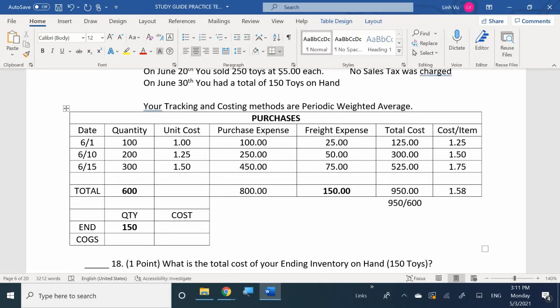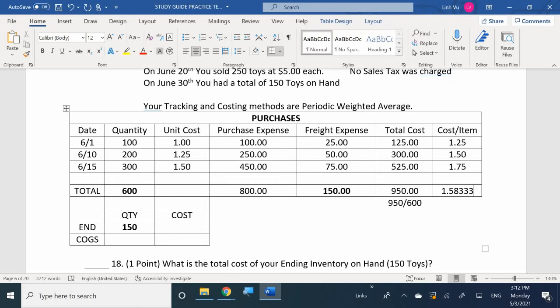So at least we know here that we need to solve for our average cost per item. We took our total cost of $950 and we divided the whole thing by the 600 items that we have to get a total average cost per item of $1.583333. Okay, so $950 divided by 600, and that's what we get.